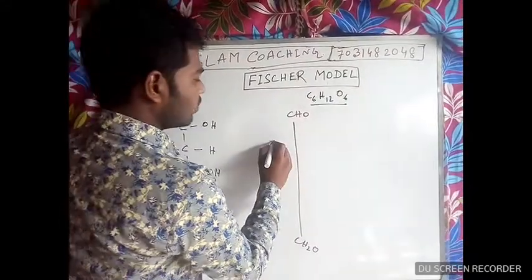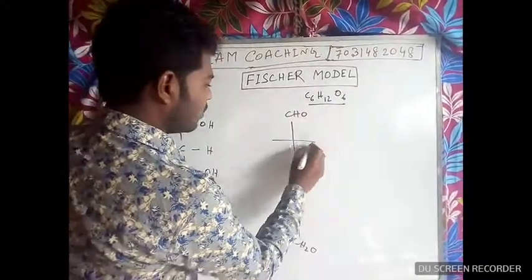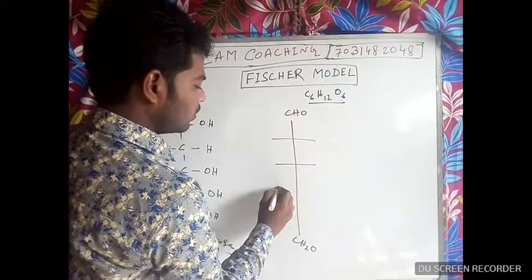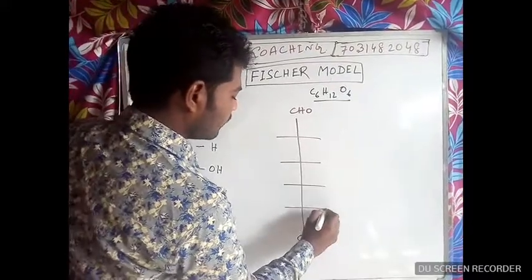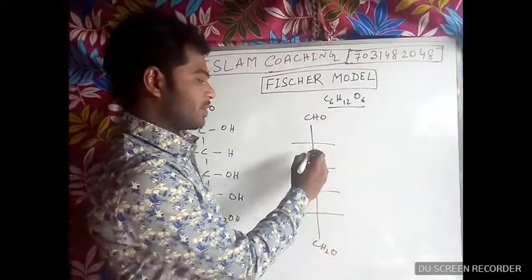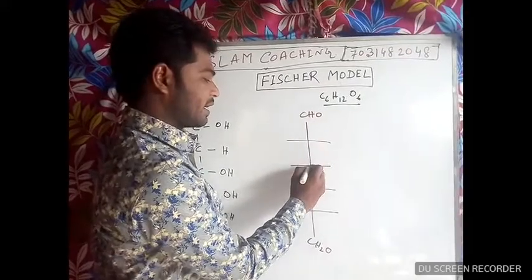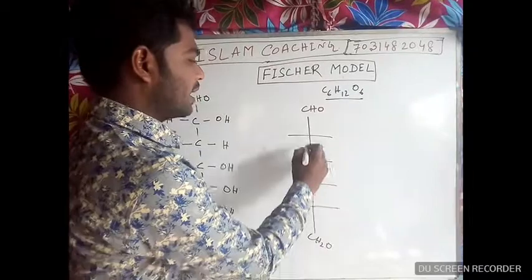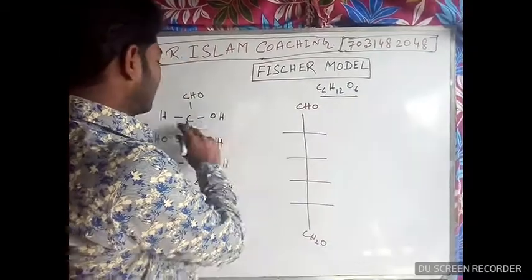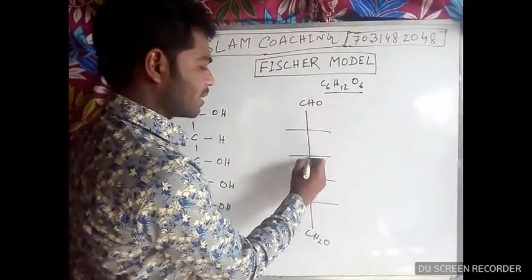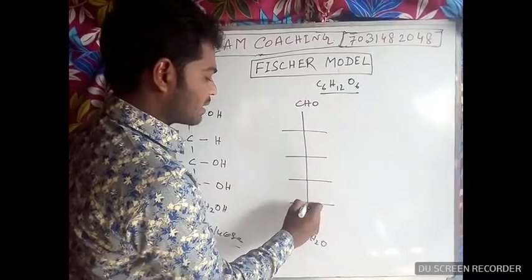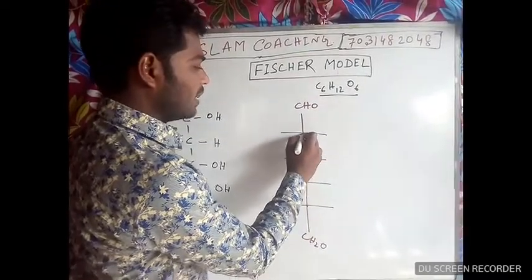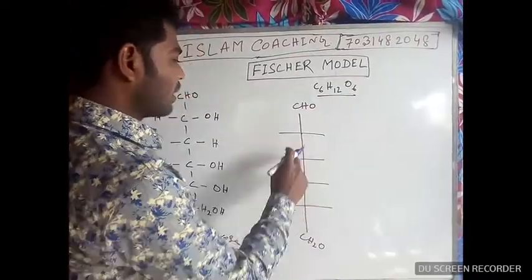For the carbon we draw 4 lines, 1, 2, 3, 4. Here we see the intersect, 4 intersect. It indicates carbon or C. In the intersect indicate carbon.